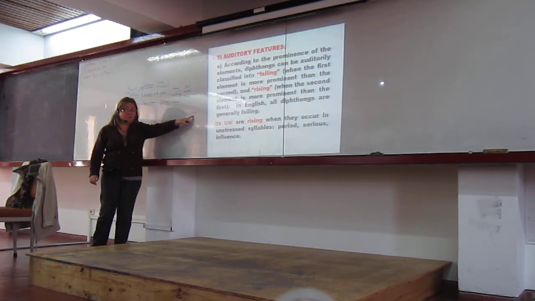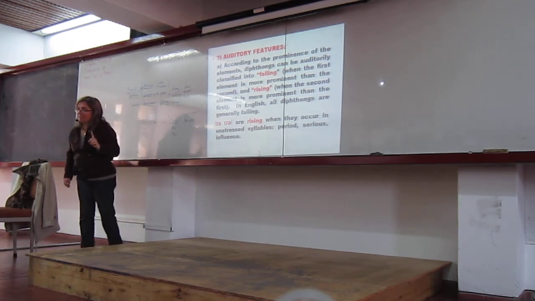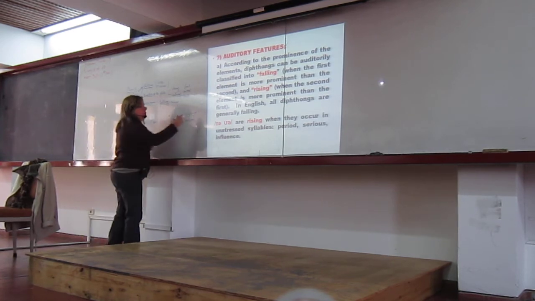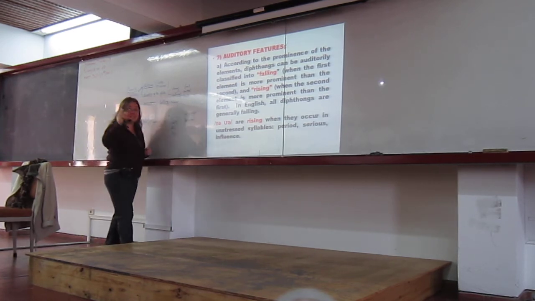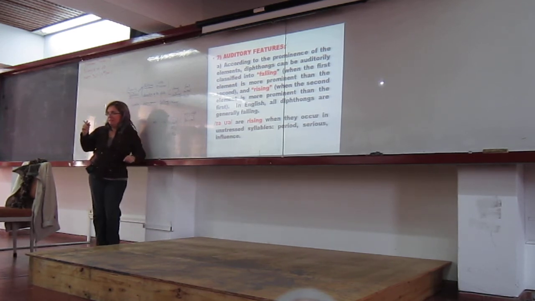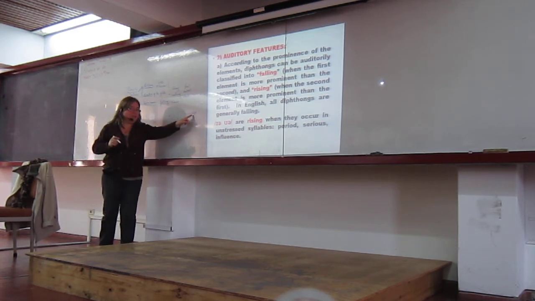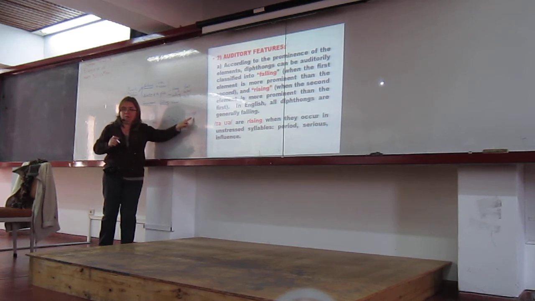Is this falling too? Do I say period? It's rising. No. This is rising. Why? Because the second element is stronger than the first. We say yeah. We don't say ear. We say yeah.